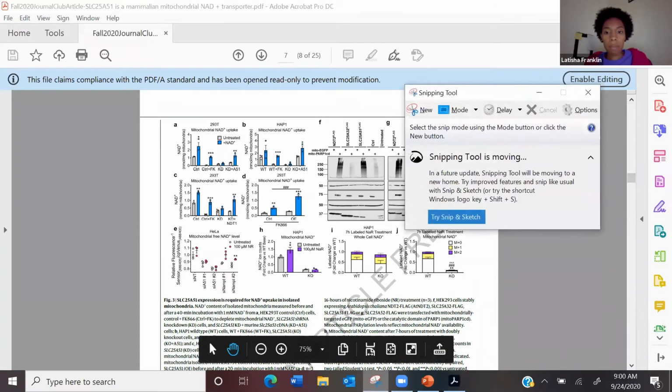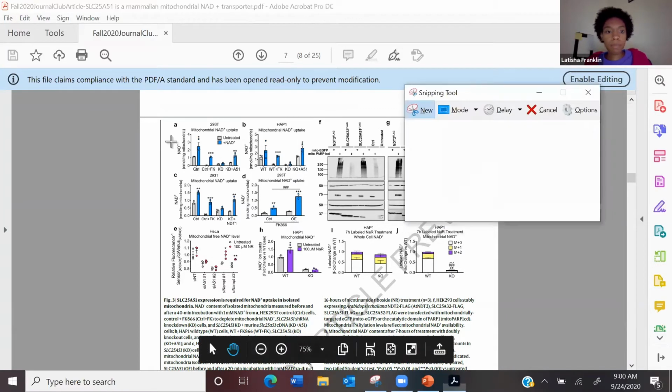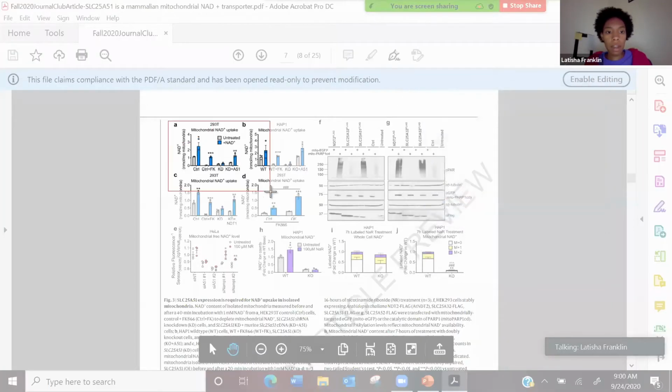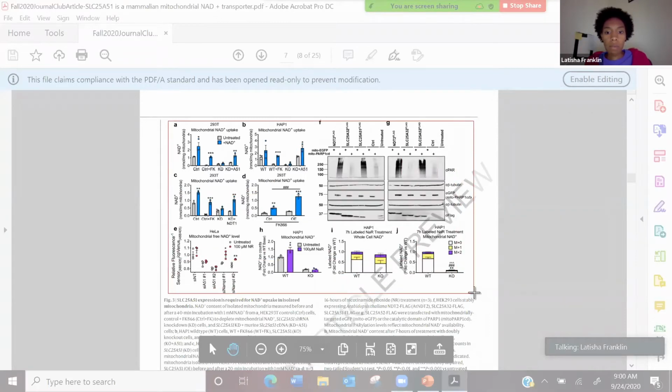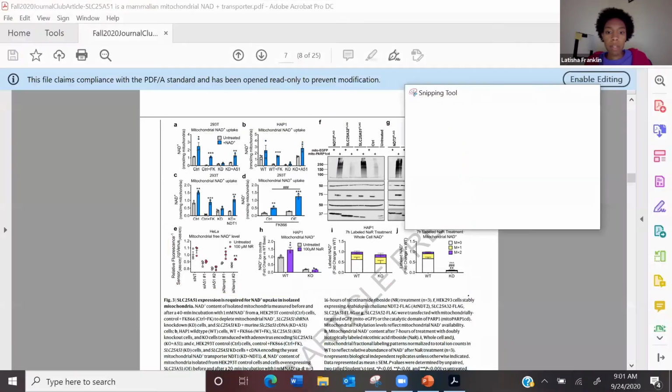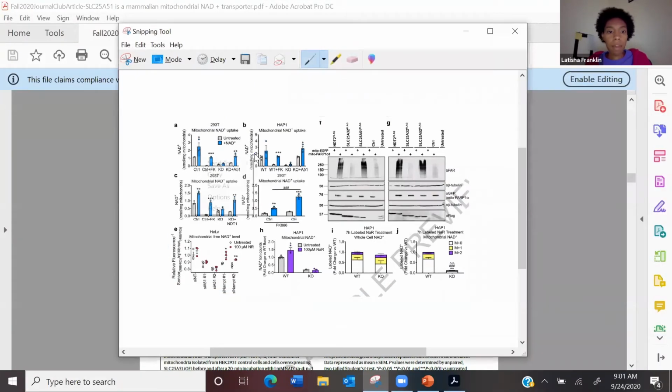The way that I get my figures is I use the snipping tool. I don't necessarily mind about there being that article review in the background.